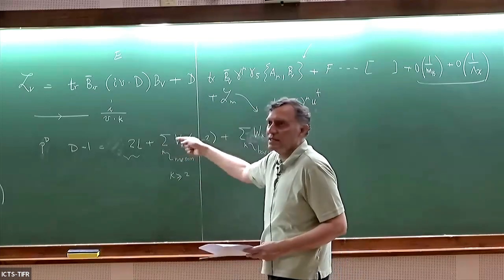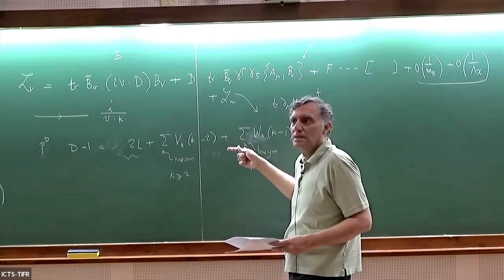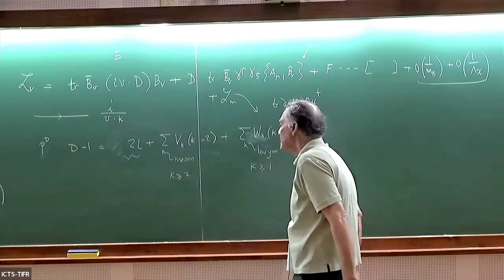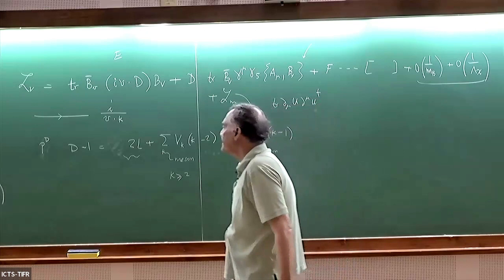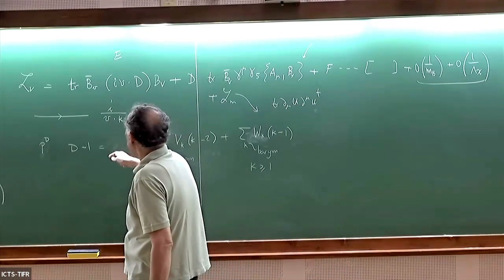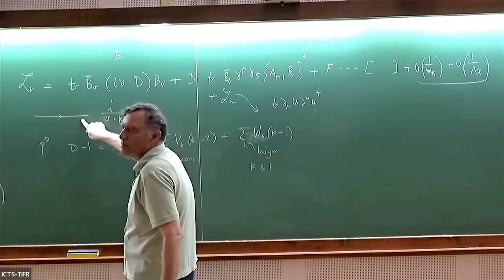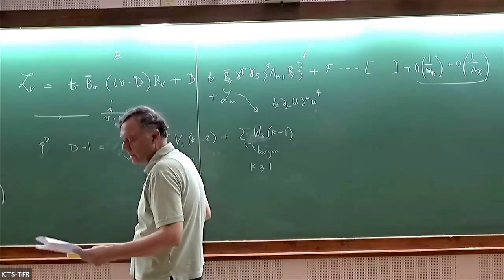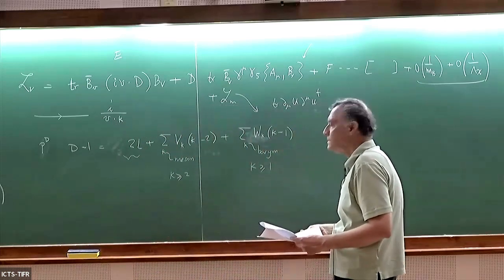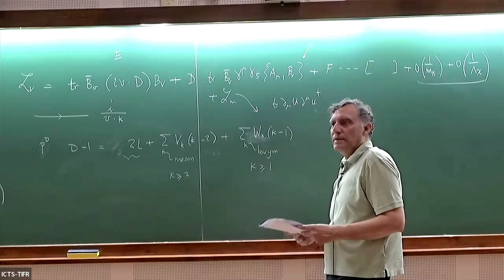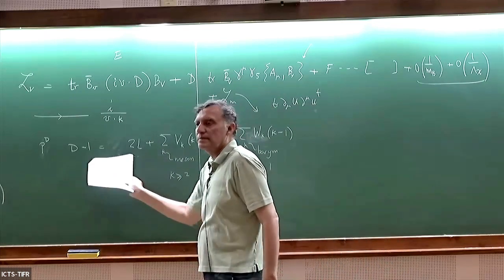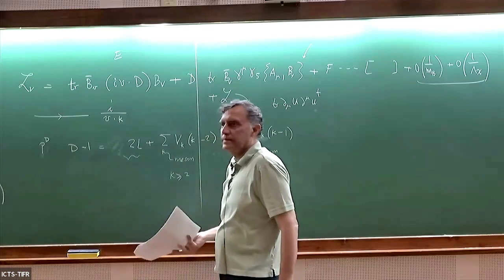So you're still adding things which are positive. You should derive this again by counting loops and internal lines, but here you have to distinguish between internal pion lines and internal baryon lines, and then use the same topological identities. Again, every time you have a loop, you move 2 powers more in the power counting, etc.